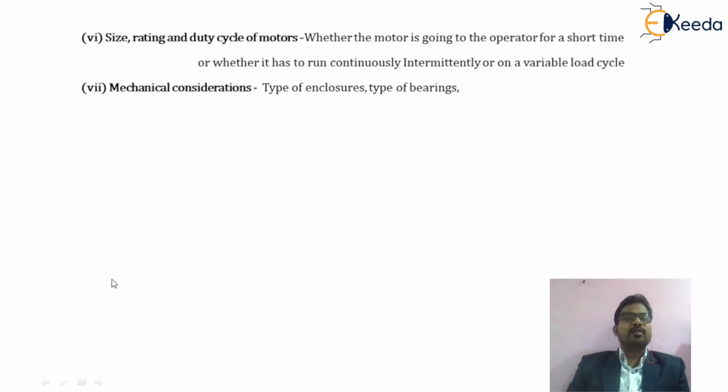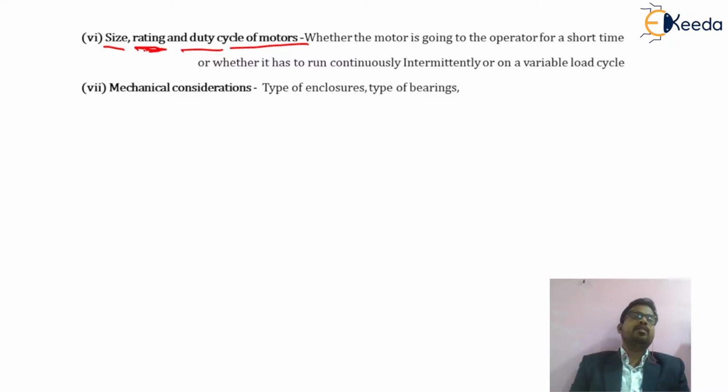Along with that, now we want to move towards the next choice of electrical drive, and this point is very important because it is in concern with the size, rating and duty cycle of your motors. So what do you mean by the size of motors? Electrical drives are available in different sizes, so depending upon our requirement, we can choose a different size of electrical motor for a particular application. Then the second parameter is the rating.